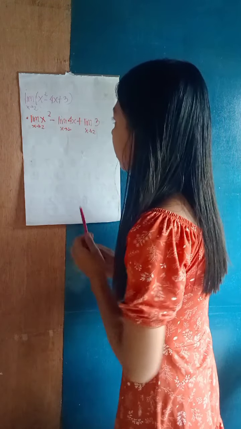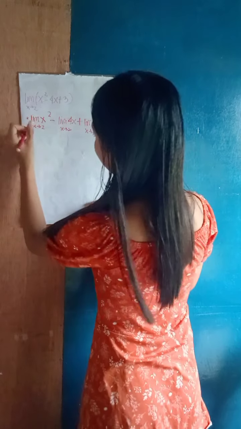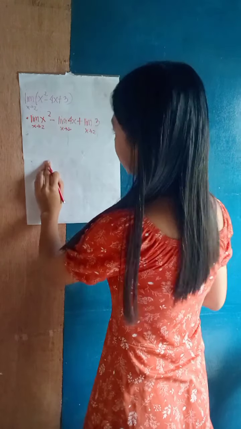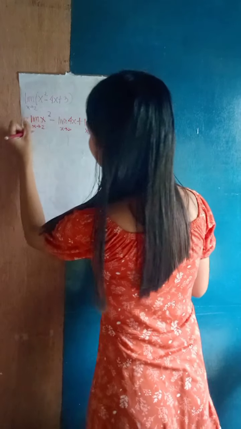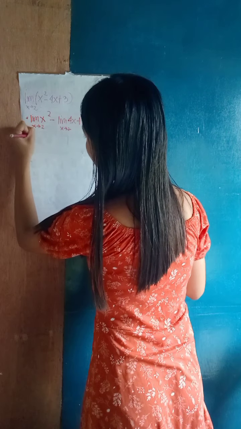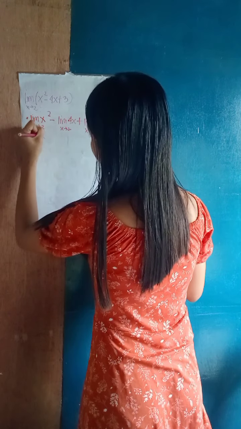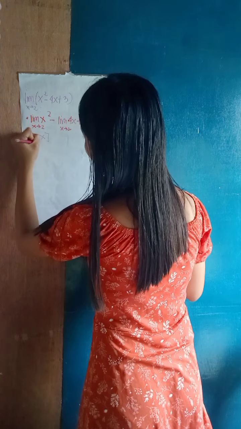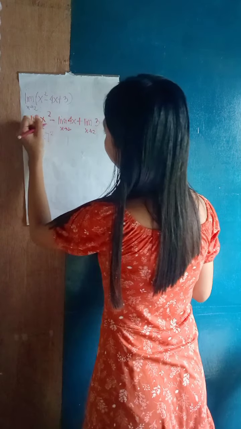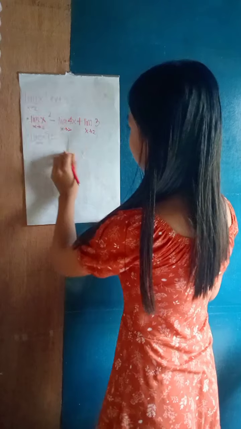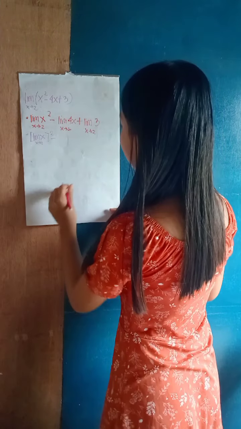Then, since we have the power 2, we are going to use limit number 8. So this will become limit x as x approaches 2 to the power of 2 minus, then use limit number 3.